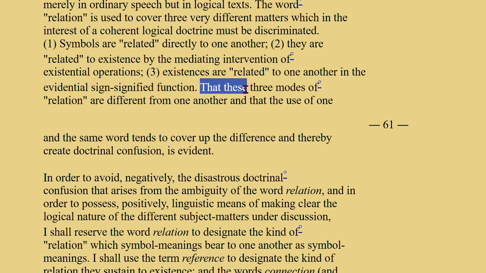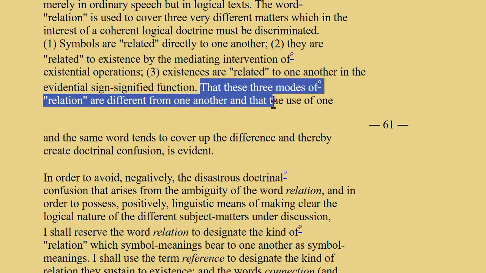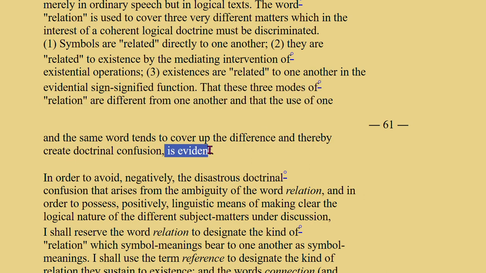So these three modes of relation are different from one another, and that the use of one and the same word tends to cover up the difference and thereby create doctrinal confusion is evident. And yeah, I see a bit of this confusion in early 20th, late 19th century writings, which is the context that Dewey is thinking about.